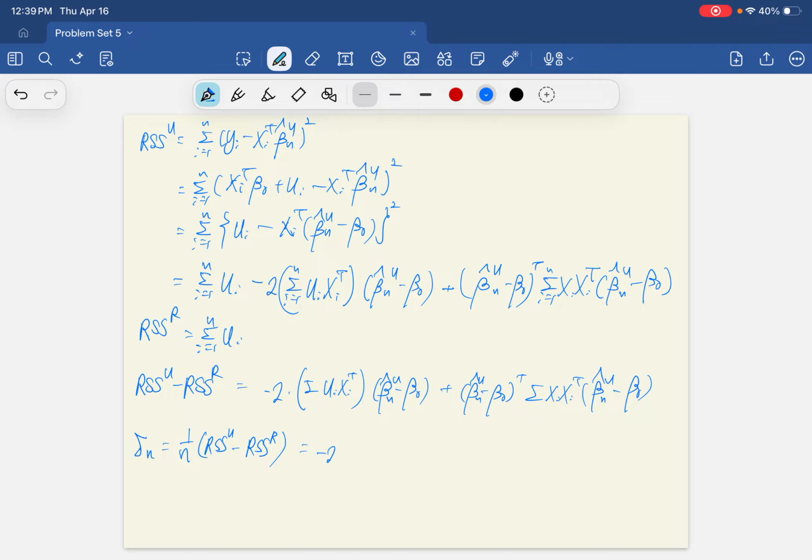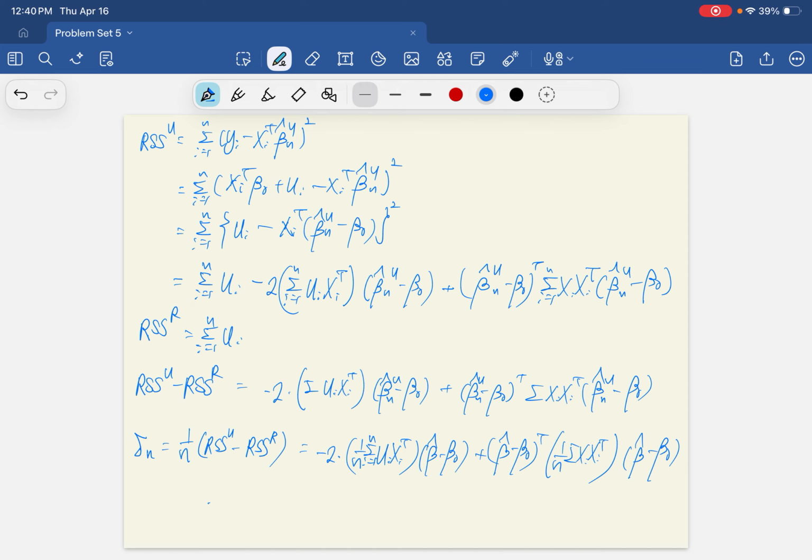Then what we get here is minus 2 times the sample average of u_i x_i transpose times (beta hat minus beta_0), plus (beta hat minus beta_0) transpose times the sample average of x_i x_i transpose times (beta hat minus beta_0).